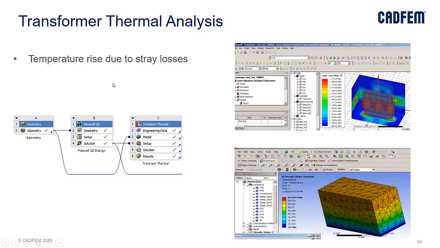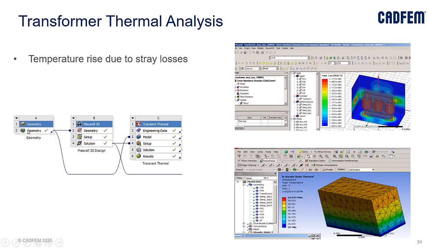Here you can see there is a temperature rise due to the stray losses. To address this kind of problem, you can see here we are modeling the component in Maxwell 3D, and we are computing the stray losses in Maxwell 3D. With just a single drag and drop method, I am able to transfer my losses to this particular problem.